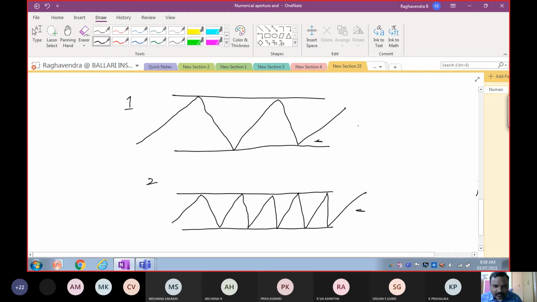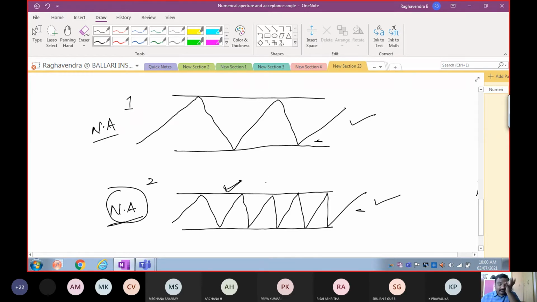Observe these two figures. In optical fiber 1, only a small amount of light is gathered inside the optical fiber. But in figure 2, more light is gathered. So the numerical aperture of figure 2 is greater than the numerical aperture of figure 1. Therefore, the numerical aperture represents the light gathering ability of an optical fiber.